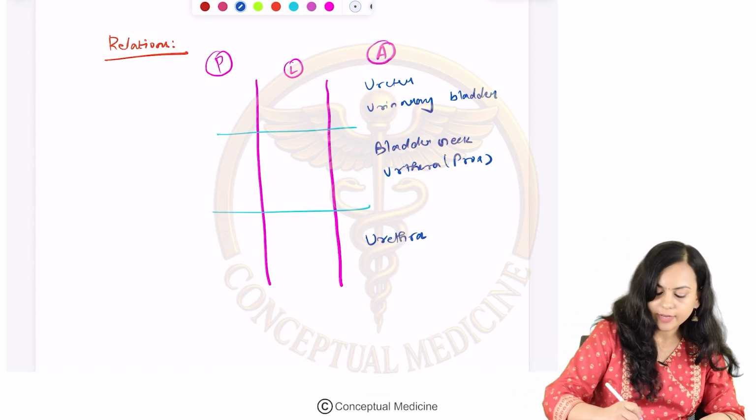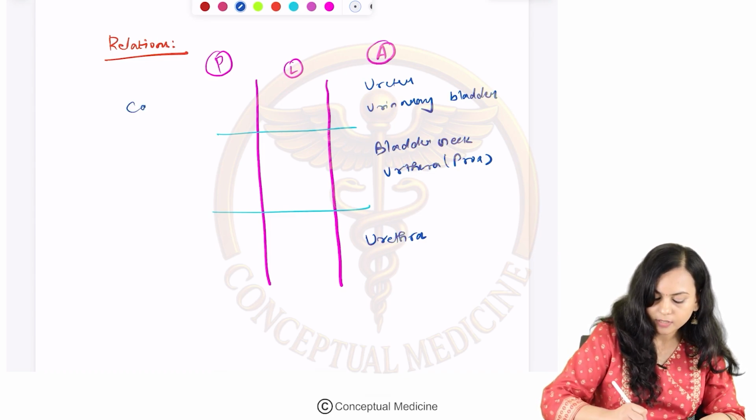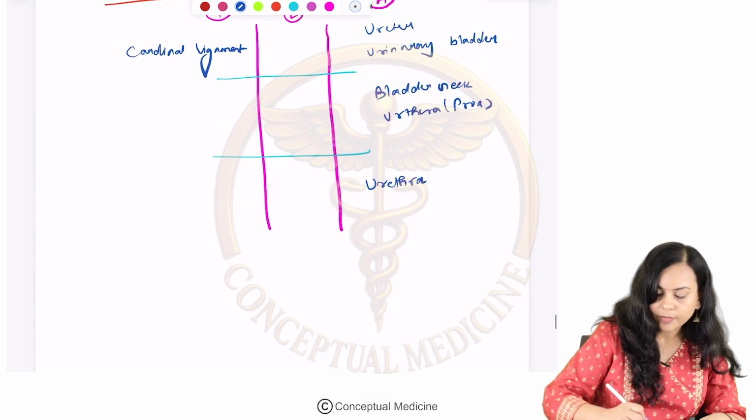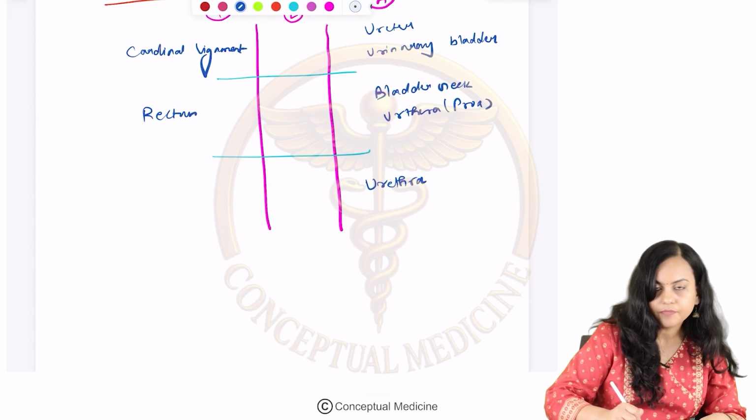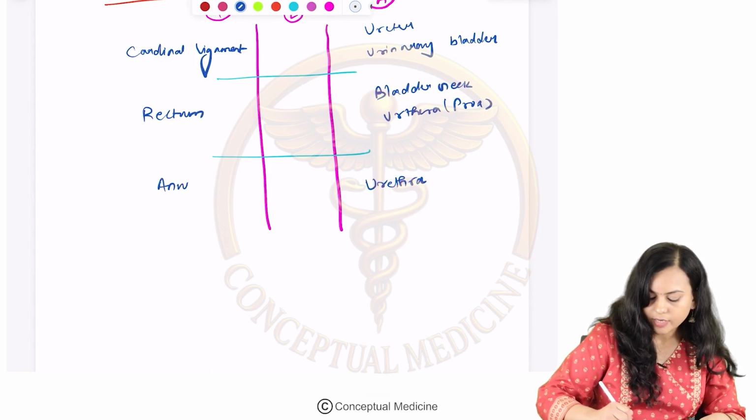And the posterior relations in the upper third include the cardinal ligament, and in the middle third, it is the rectum, and in the lower third, it is the anus and perineal body.